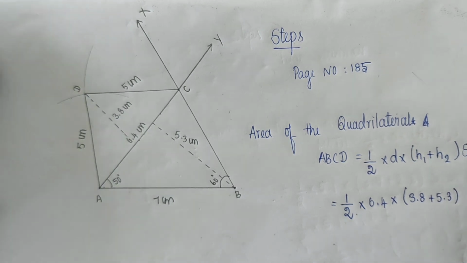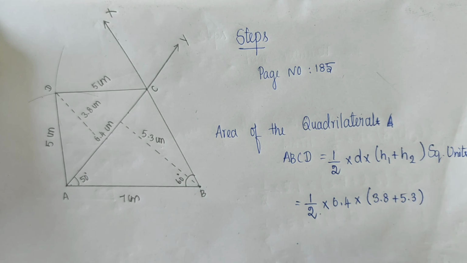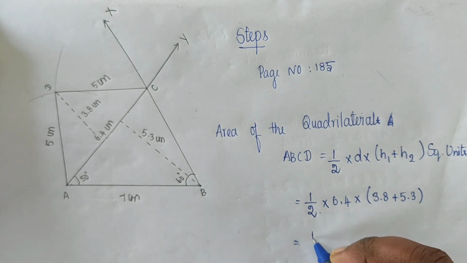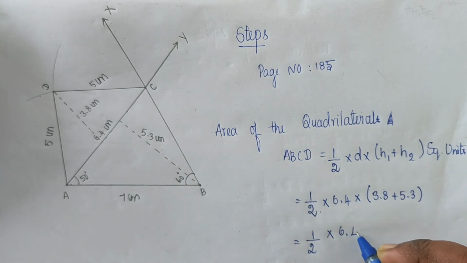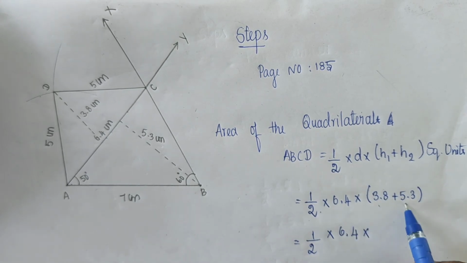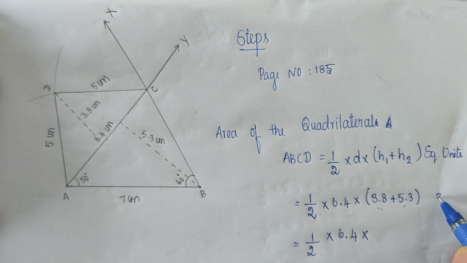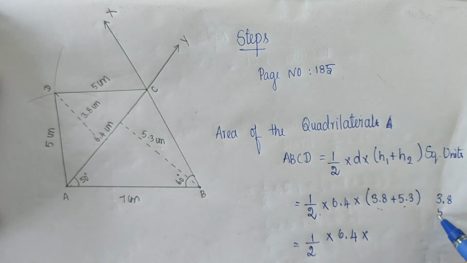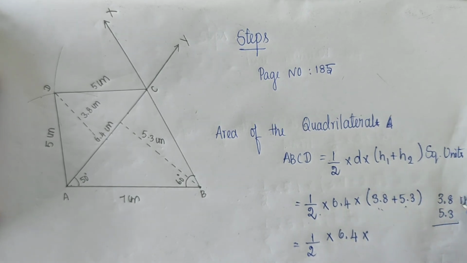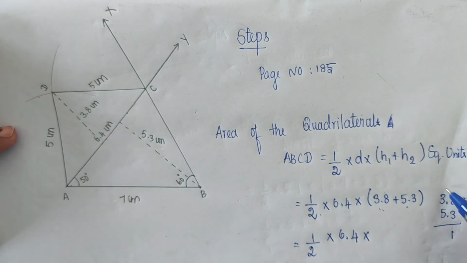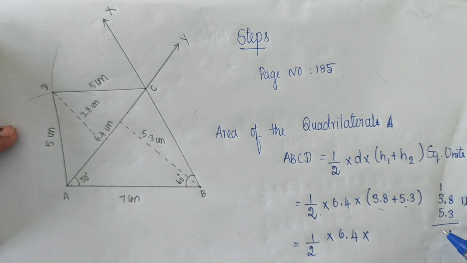So 1/2 times 6.4 times, students, sum 3.8 and 5.3 and say the answer. 8 plus 3 is 11, so put 1 and carry 1. 5 plus 3 is 8, plus 1 is 9. So 9.1.